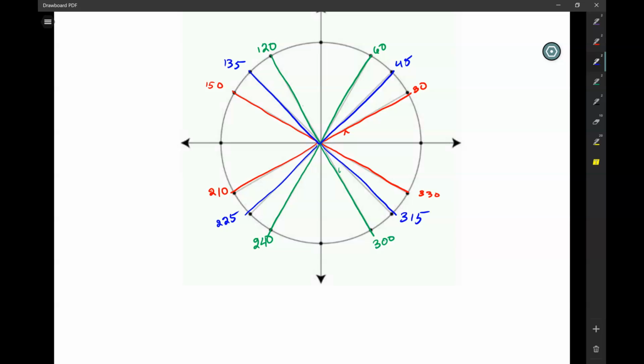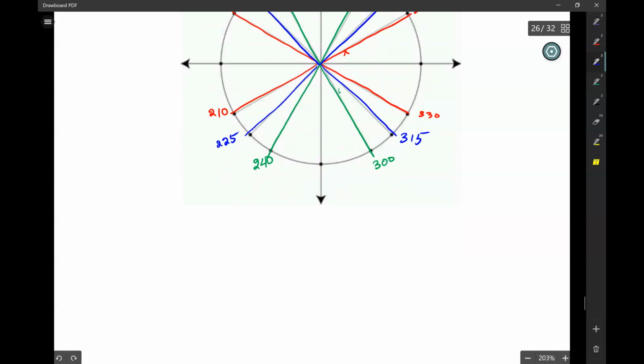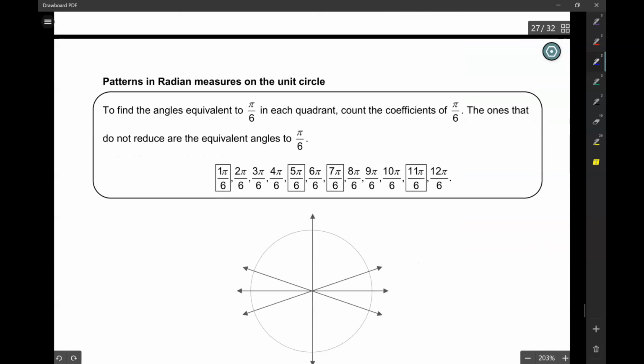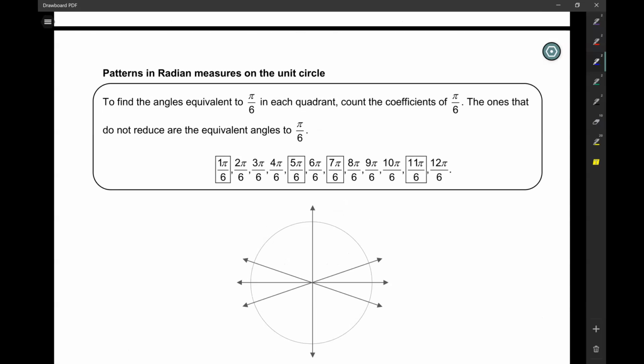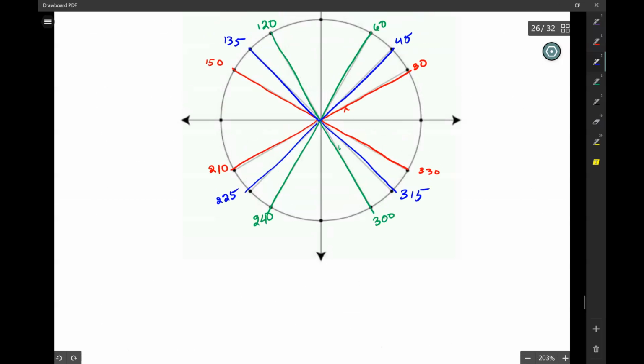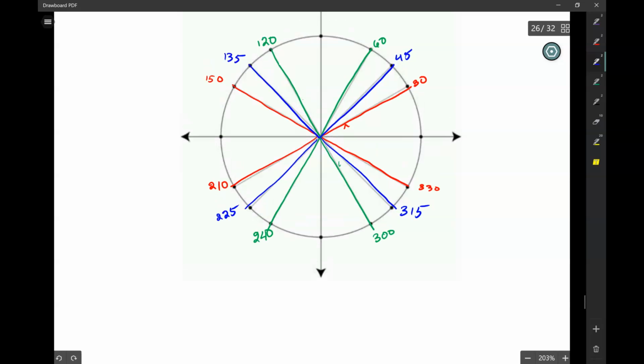Believe it or not, after a while, students always come and tell me, you know what? Radian is easier to work with for me. And that's always the case. So once we lay it down, I think you'll find that radian is easier. So let's talk about pi over 6.